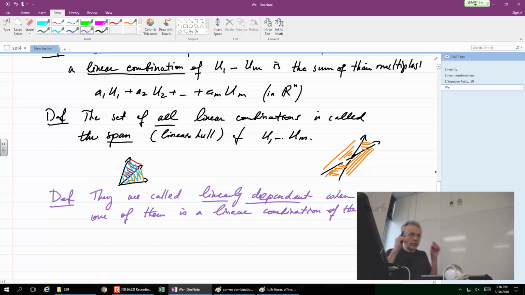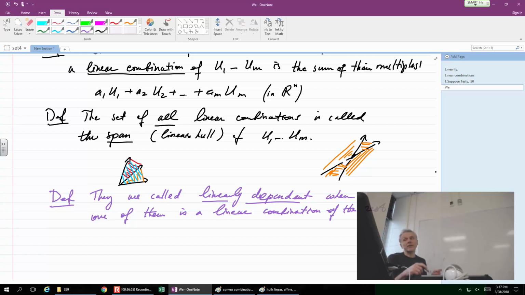It is a dependence. Imagine that these two vectors like this are linearly independent, because you cannot express one as a linear combination of the other. If you take one out, you're left with one vector, and what's a linear combination of one vector? It's simply a multiple. If the other vector is not a multiple of that one, then it cannot happen. So these two are linearly independent. Linearly dependent would be multiples.